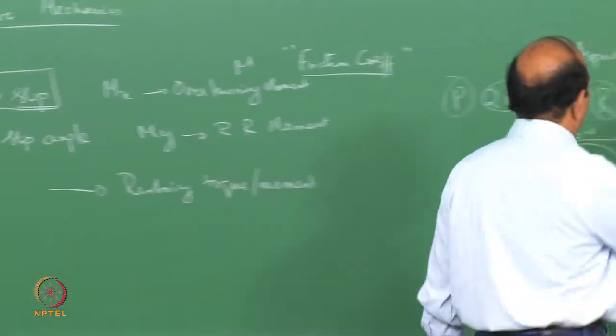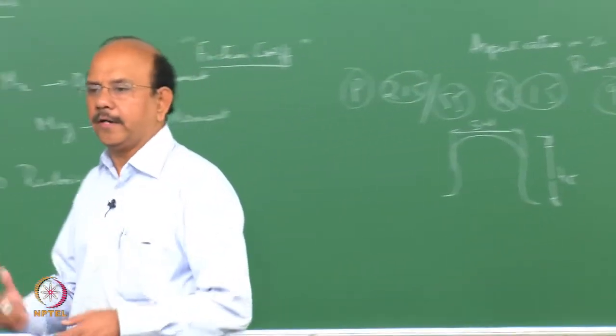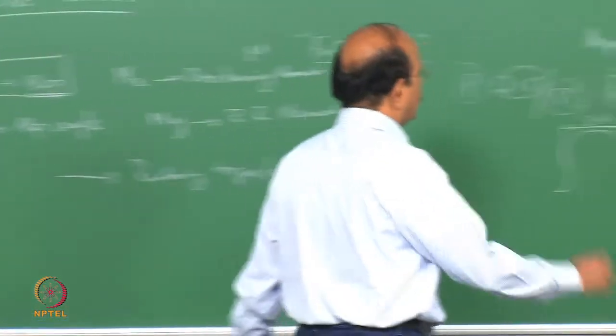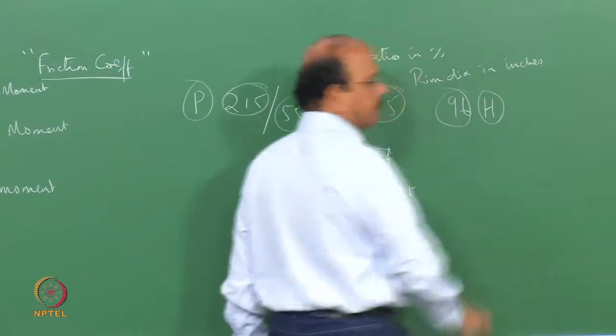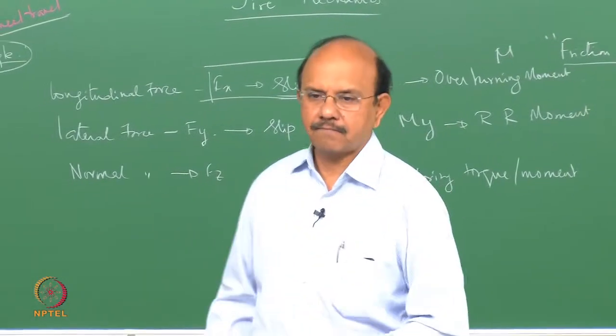Then you have a load rating. You have a table from which you can find out the load rating of the tire. And then you have what is called the speed rating. So you have a load rating and a speed rating.